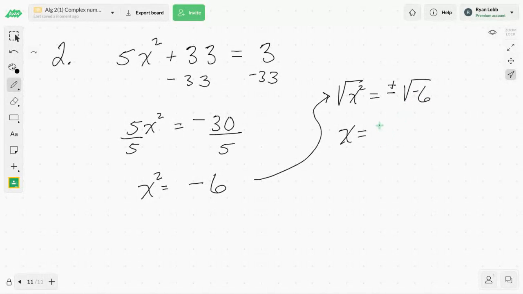So now we have plus minus i times the square root of 6. So there's that one solved. Pretty straightforward, so don't overcomplicate that too much. I think it should be pretty straightforward in terms of solving and simplifying.